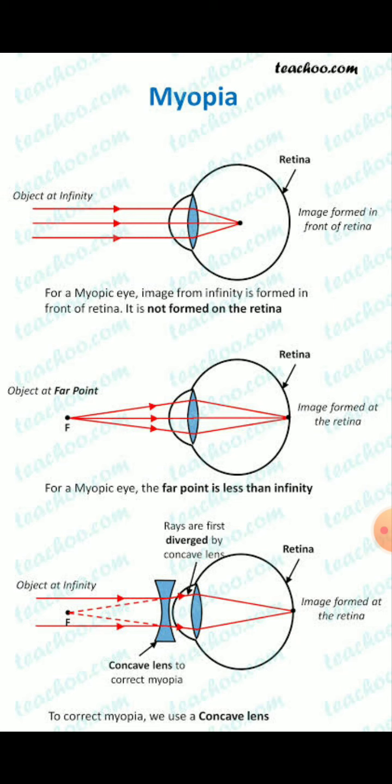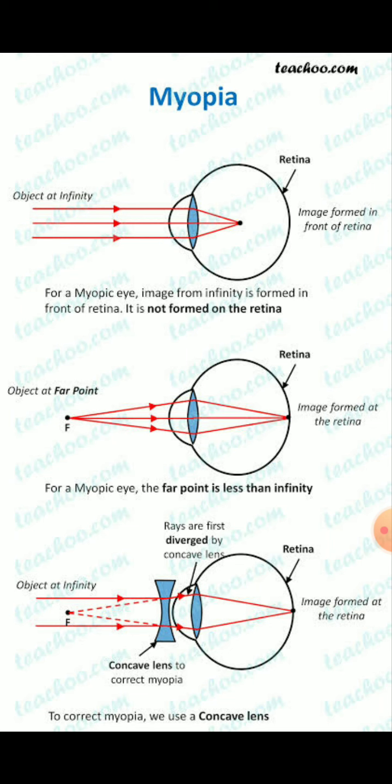So here, which lens is to be used for correction of myopia? Concave lens. Now in chapter number 10, we have learned that the concave lens is also called a diverging lens, because a concave lens is able to diverge the light rays after refraction.